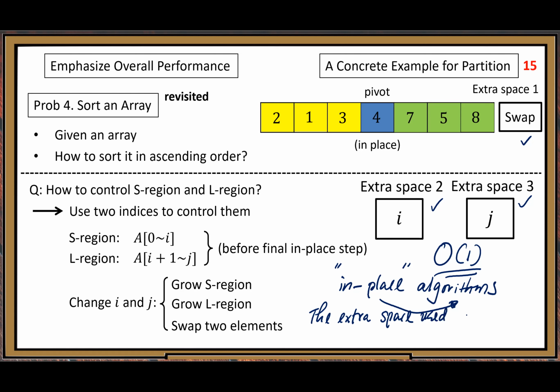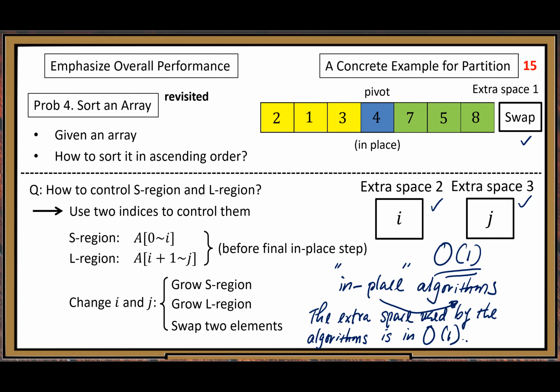So the extra space used by the algorithm is bounded. We know bounded means big O of 1.